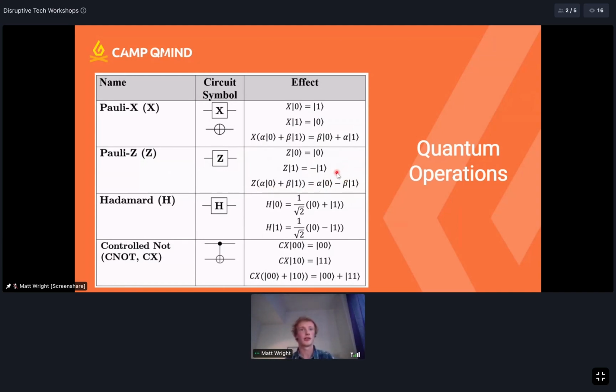But there are cases where you can interfere different states to make things more likely to be measured, or you could change the basis that you're measuring in, and that will result in measurable effects. So the moral of the story is phases are really critical to quantum algorithms, and they can do some really cool stuff.